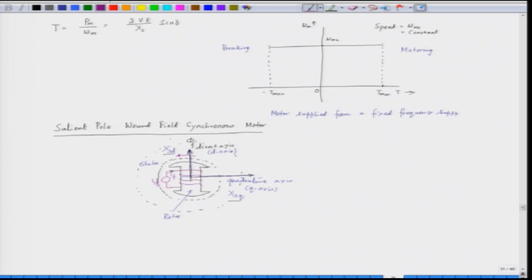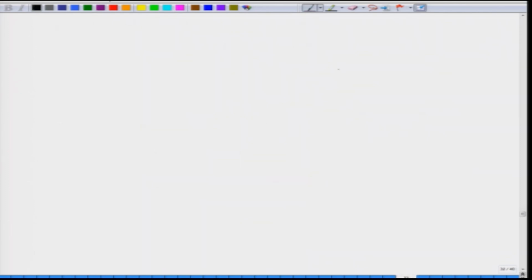So, we can draw the phasor diagram as follows. We start with the d axis, that is the axis of the field pole, so we show it by means of a pole structure.